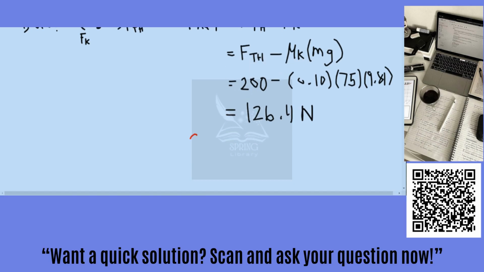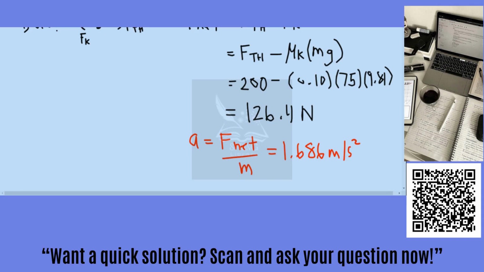We can then use that to calculate the acceleration. Acceleration will be F net divided by m, so 126 divided by 75, and keeping a few decimal places, we get an acceleration of 1.686 meters per second squared.